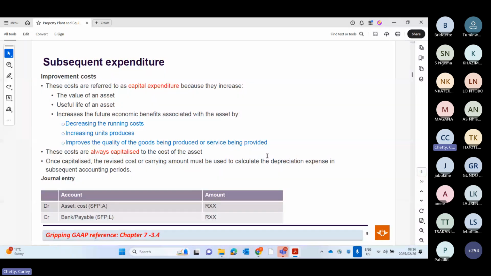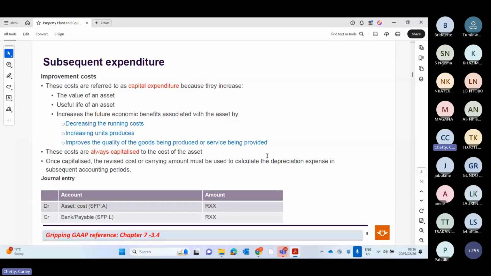There could also be an improvement in the quality of goods being produced or the service being provided. Maybe the machine is now able to make a better quality product. Perhaps it was icing a cake, but it didn't look very nice, and now the quality of the icing has improved.